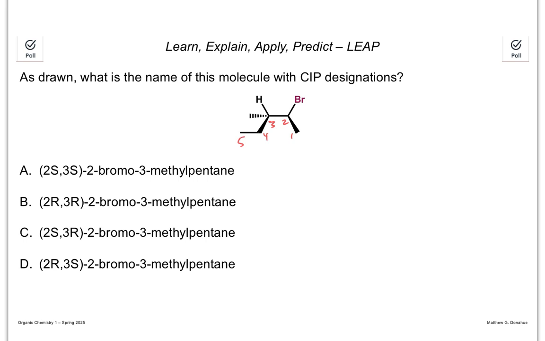Everything's 2 for the bromo, 3 for the methyl, and then the rest of the chain length is the same. So you're not discriminating the responses based on that. Then you're looking at the R or S values. The first thing I would do is go to carbon 2 and assign whether that's R or S.